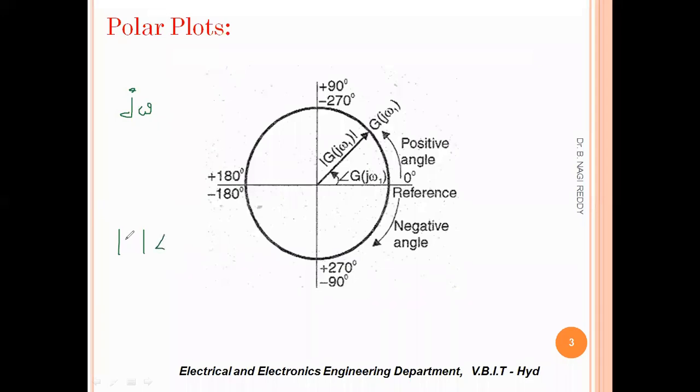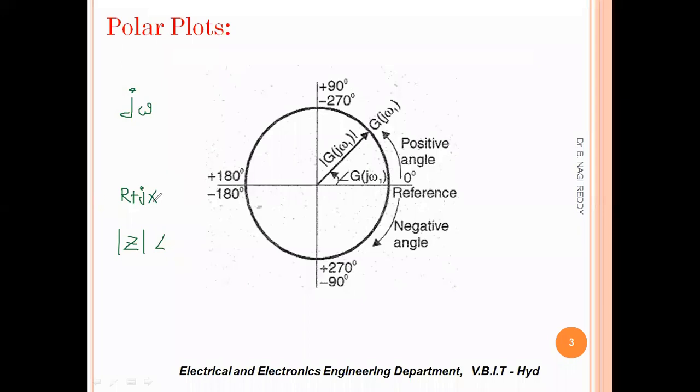Suppose you consider impedance, so Z is the impedance. Impedance can be represented in the complex form as R plus jX, where R is the resistance and X is the reactance.